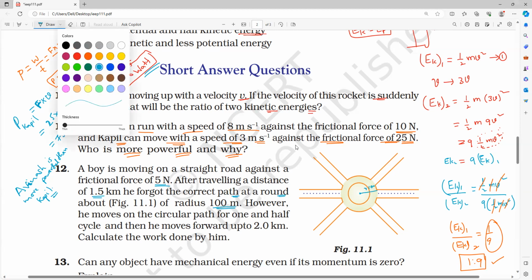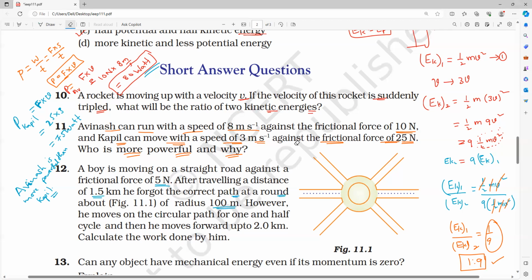Okay. So now the question is that, however, he moves on the circular path for 1.5 cycles. And then he moves forward up to 2 kilometers. Calculate the work done by him.